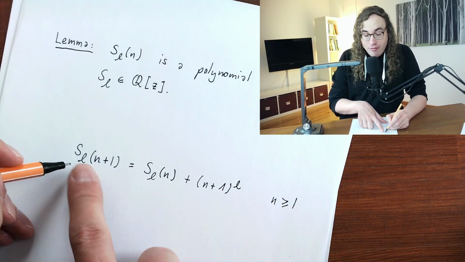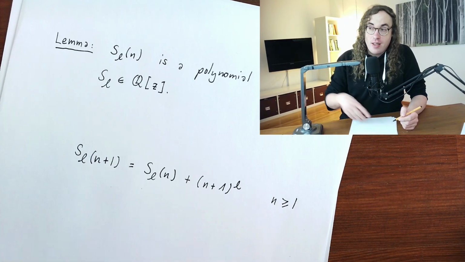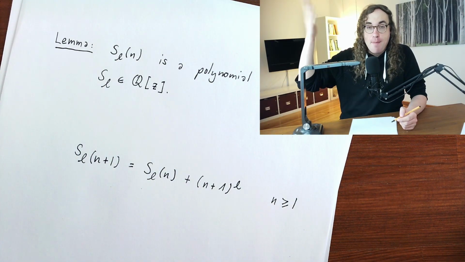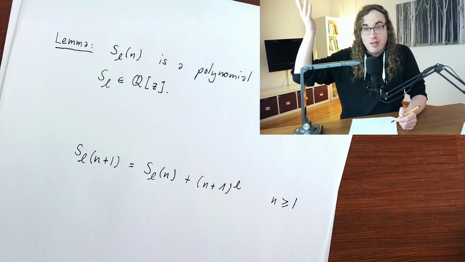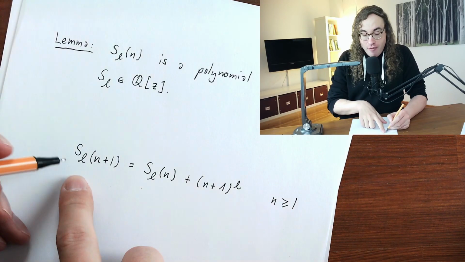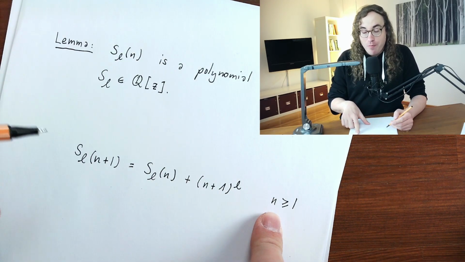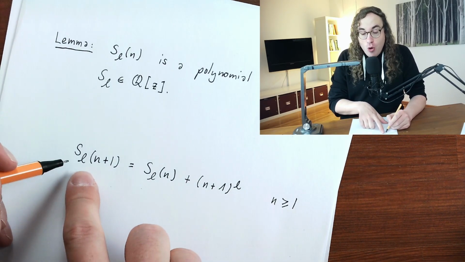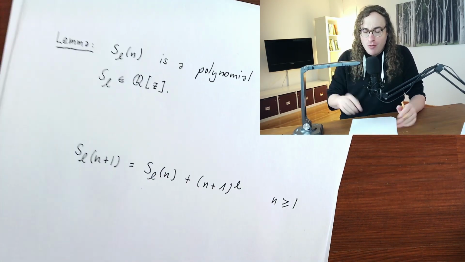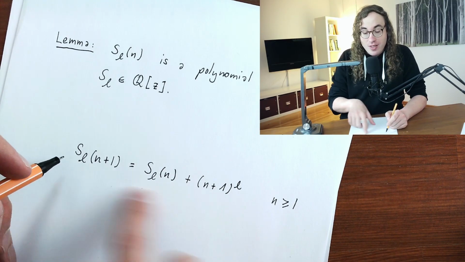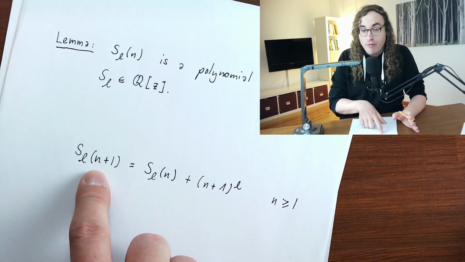This is based on the fact that for a polynomial of degree m, as soon as you know something about m plus 1 values, this uniquely fixes the polynomial. So having this identity for infinitely many values means that no matter what degree S_L is, even though we could totally determine what it is, we don't need to do it. This means that this identity will hold for all values of n.